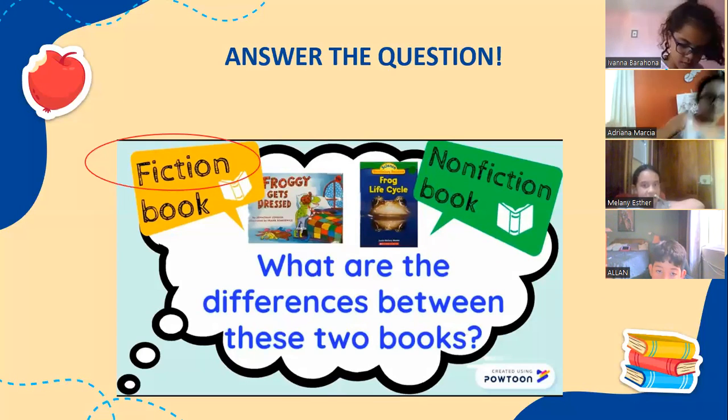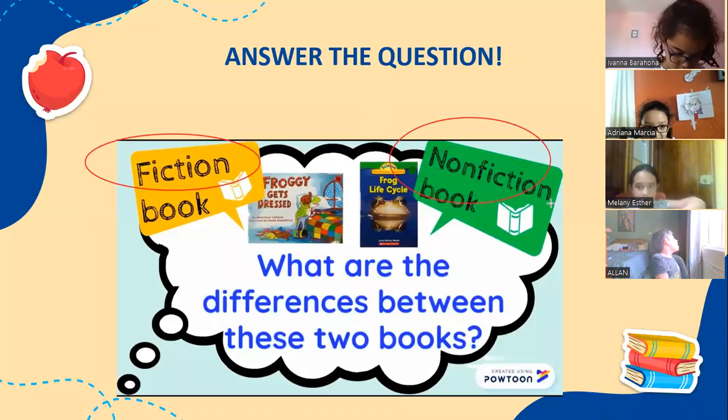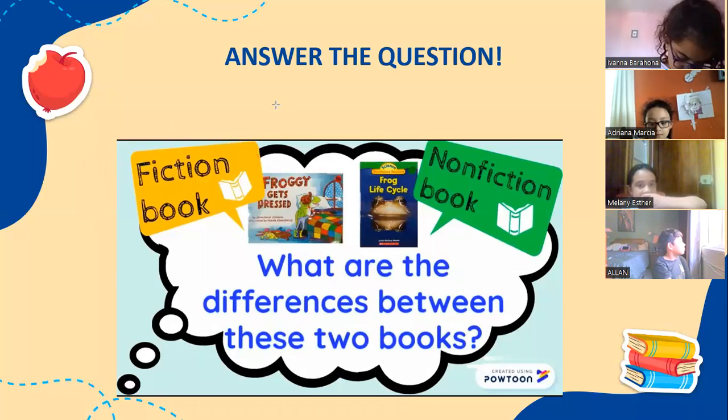A non-real story. Now, non-fiction is something real, based on real events, based on facts. We know about the life cycles of frogs. So that's the difference. The fiction is something invented, something made up.